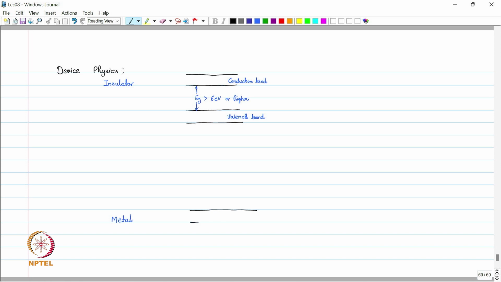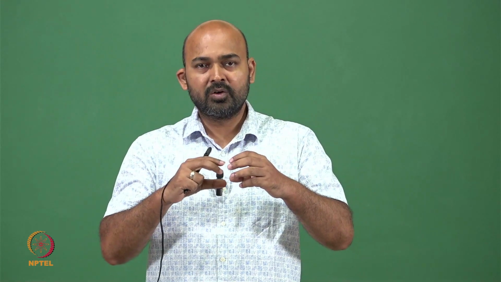This is conduction band and this is valence band, and we have some area which is overlapped. So in metal, both of these bands are overlapped to each other.